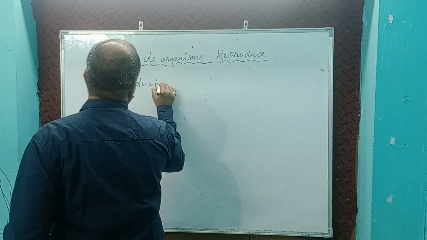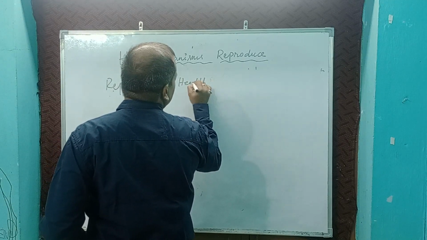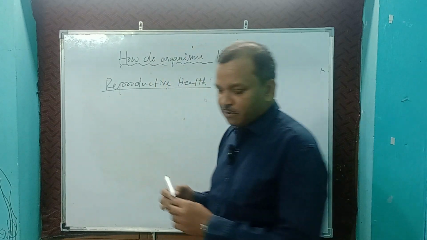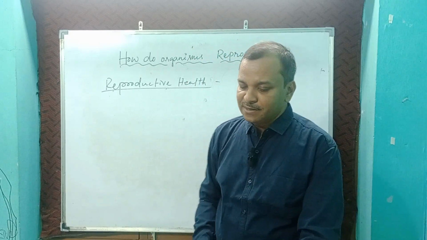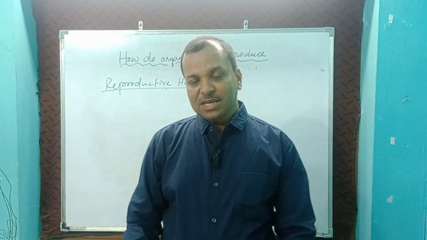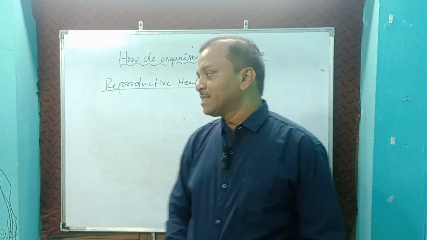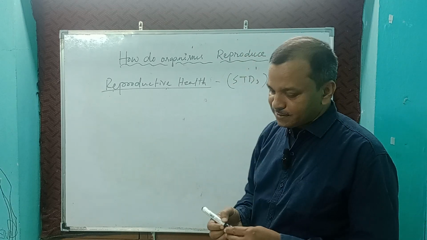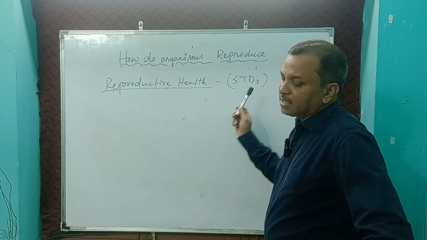Then what is reproductive health? We have to be concerned about our reproductive health. There are many infectious diseases which can be spread by sex. They are called STDs, sexually transmitted diseases.